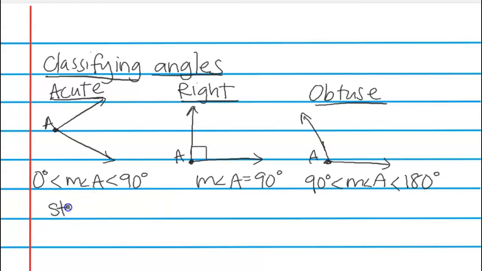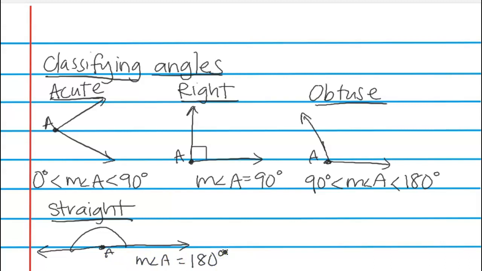And then finally, our last angle is a straight angle. A straight angle, you may guess, is in a straight line. And this straight angle is going to measure 180 degrees. So the measure of angle A equals exactly 180 degrees.